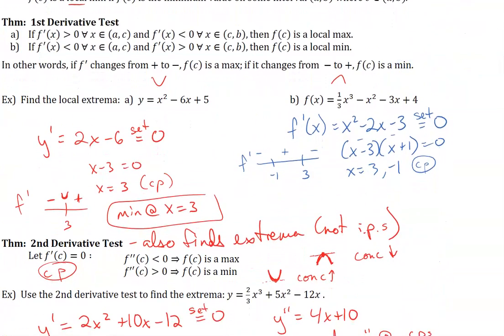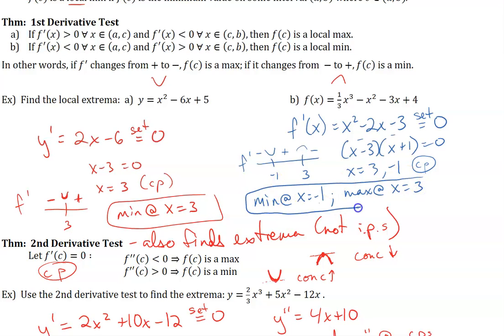Okay. All right. So either way, we see that we've got a min at x equals negative 1 because f prime changes from negative to positive. So min at x equals negative 1. And then we have a max at x equals 3 because f prime changes from positive to negative. So max at x equals 3.